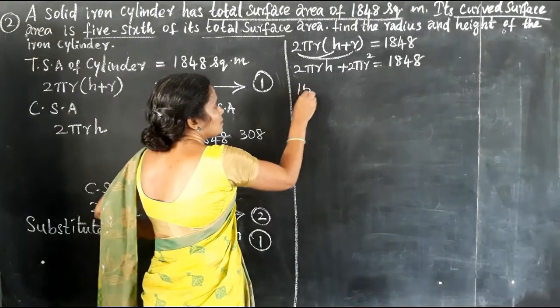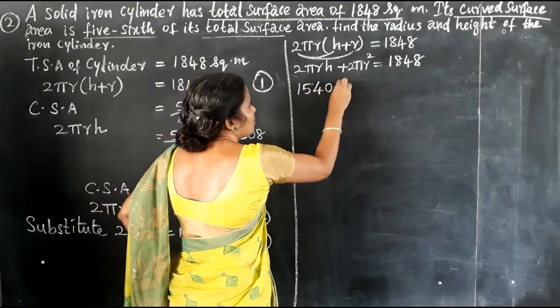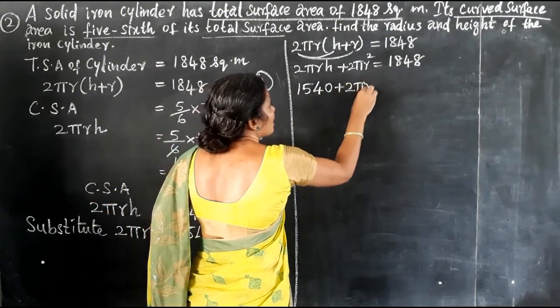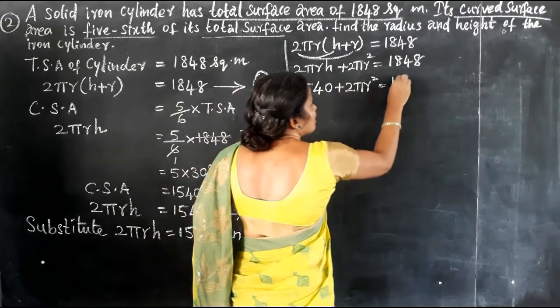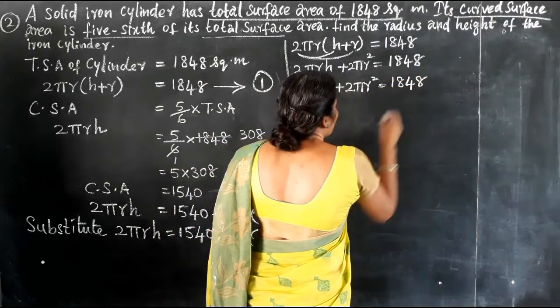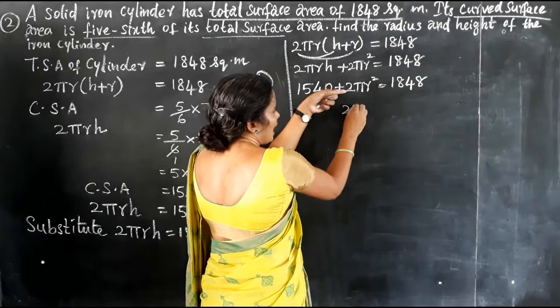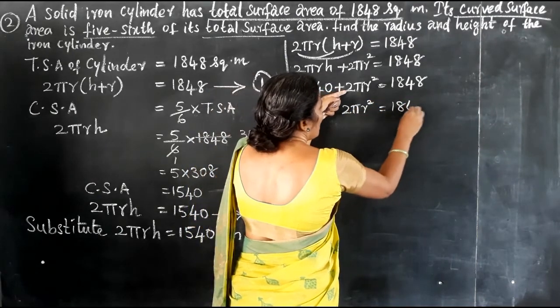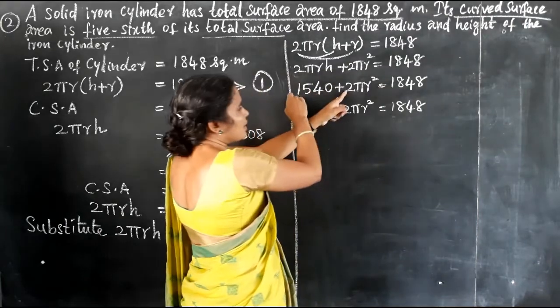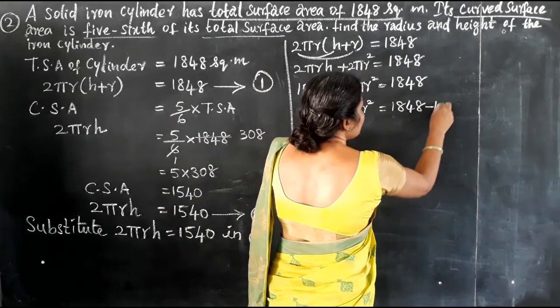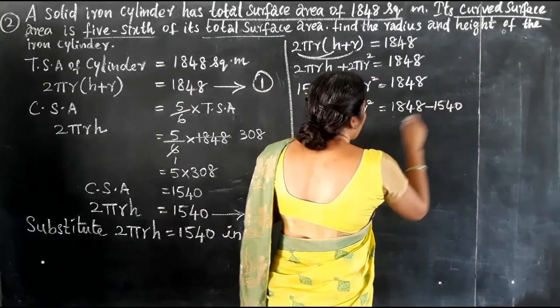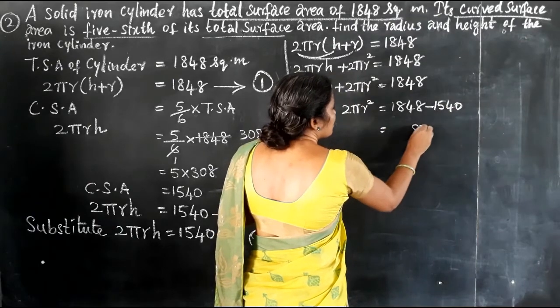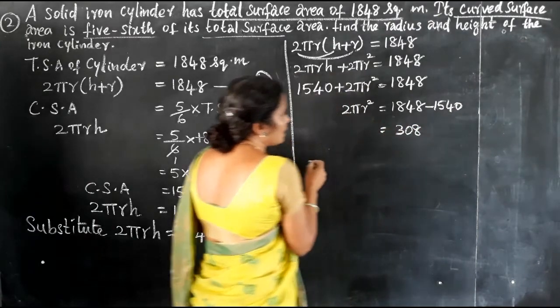So here 1540 plus 2πr square is equal to 1848. So now we have 2πr square on the left side and take 1540 to the right side. Now subtract. So we get 308.